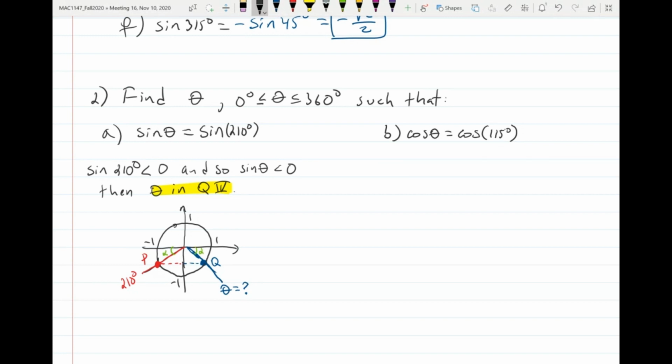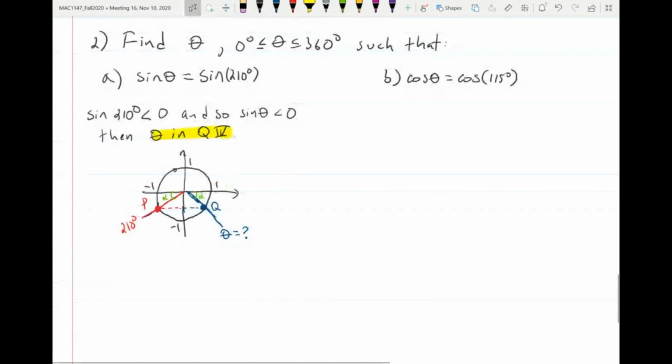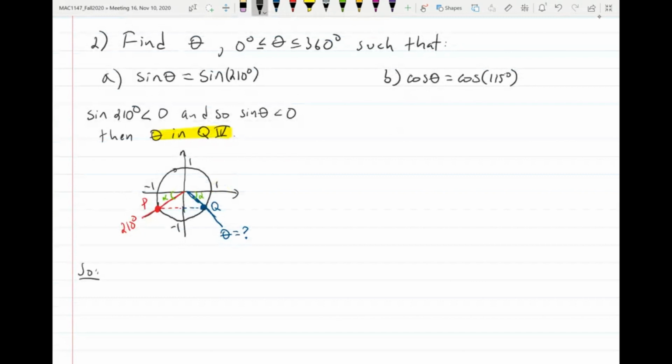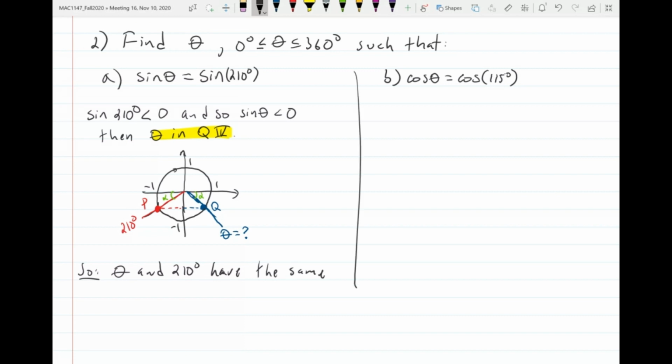If they have the same sine value, that means that theta and 210 have the same reference angle, alpha. That's the conclusion we can draw from here. If their sine values are to be the same, it's because they have to have the same reference angle.